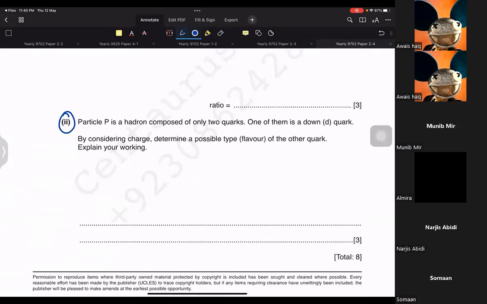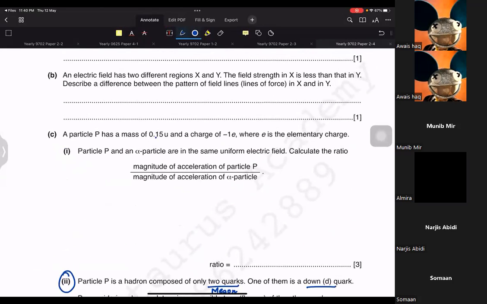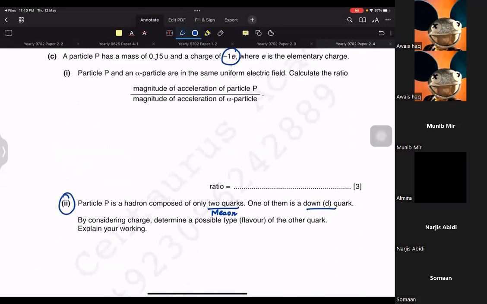Particle P is a hadron composed of two quarks. Okay, so he's talking about a meson. One of them is a down quark. By considering the charge, determine possible flavor of the other quark, explain your working. So what is particle P? That's what we need. Particle P has a charge of -1.